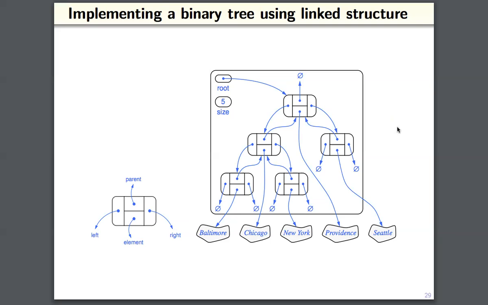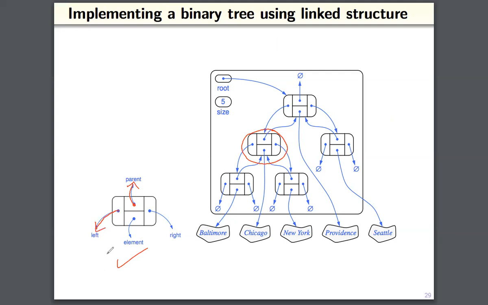Let's see. Suppose this is our node. So what are all these points and links? Let's take one node at a time. This pointer holds the parent node of this node. And what about these?